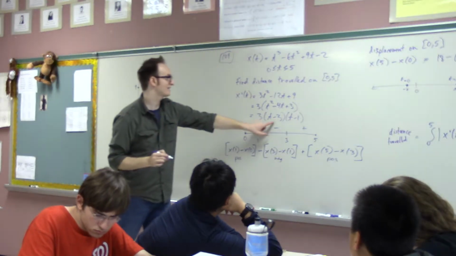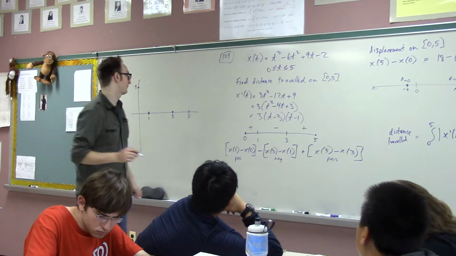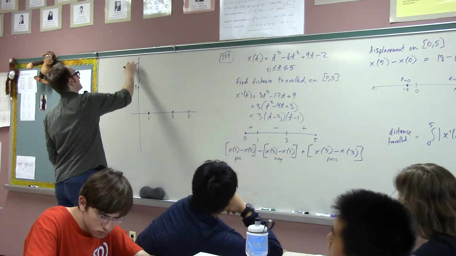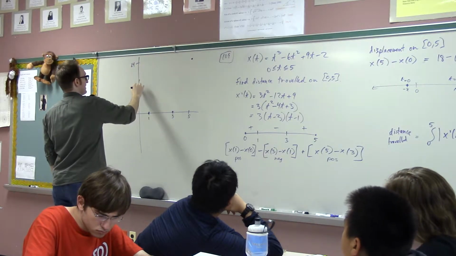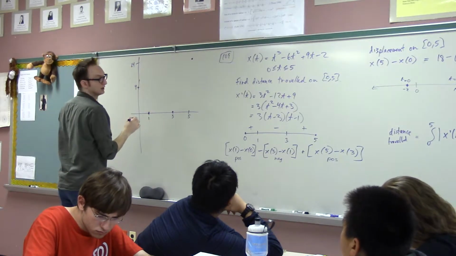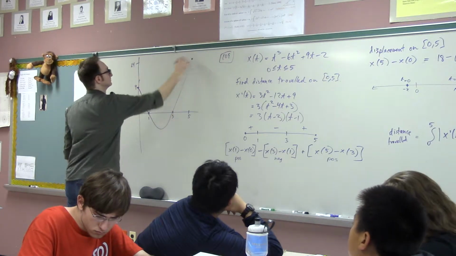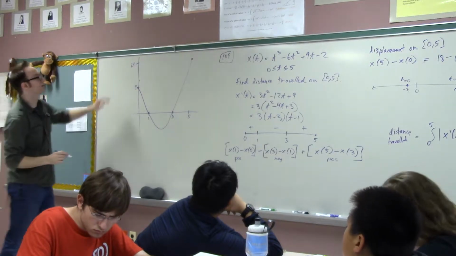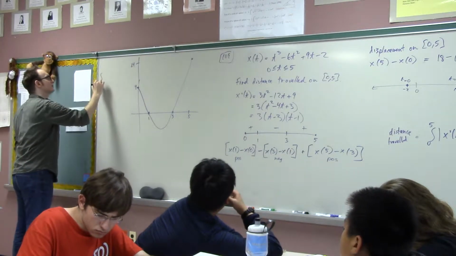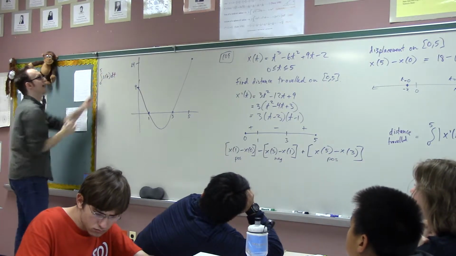If I plug 5 in, I get 2 times 4 times 3, 24. Okay, so picture not to scale. My velocity function basically looks like this, right? And so now graphically, if I take the integral from 0 to 5 of velocity, what is that going to give me?